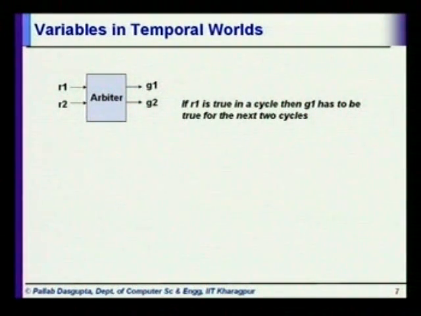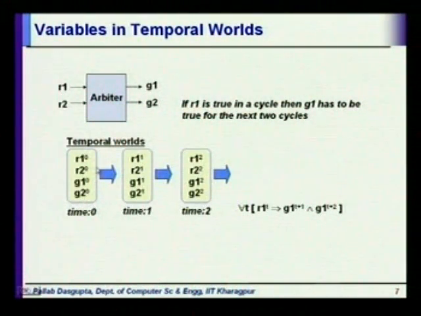So, the way in which this is going to work is that we will assign distinct variables for each clock cycle. So, for example, we have 4 variables here, R1, R2, G1, G2, right. 2 of them are inputs and 2 of them are state bits. So, G1, G2 are state bits, R1, R2 are inputs.